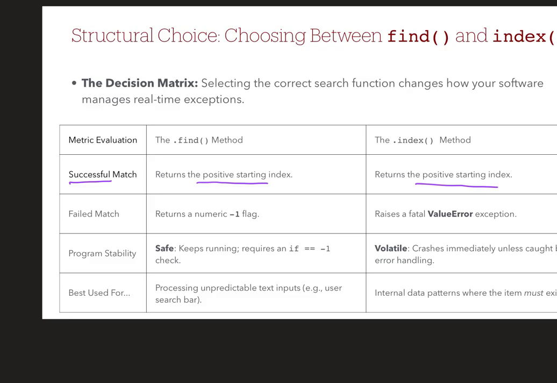The difference happens when the given expression is not found. In that case, the find method will return -1, but the index function will return an error message. So in terms of the programmer's viewpoint, the find function is safer than the index function, because if you use the index function, there is a chance that your program crashes.